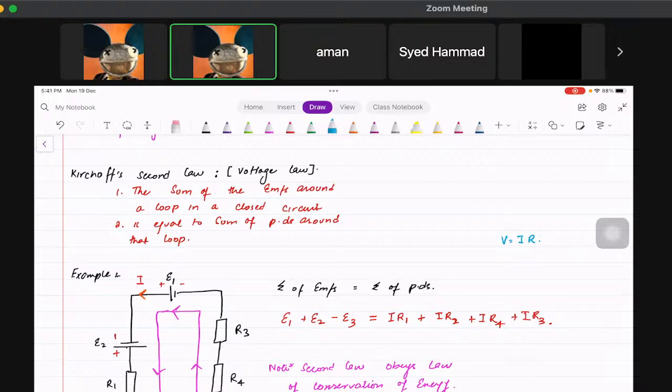So you add all of those and then you're going to get the EMF. Understood? The total potential difference. So basically you just need to add the batteries together and all the potential differences together, like that.